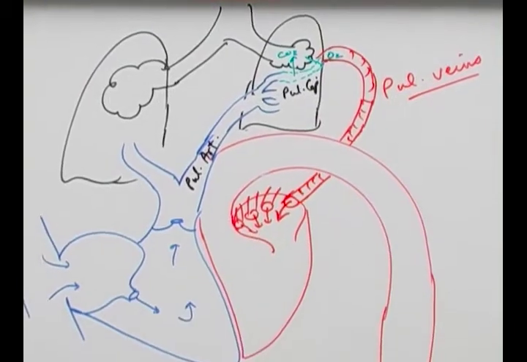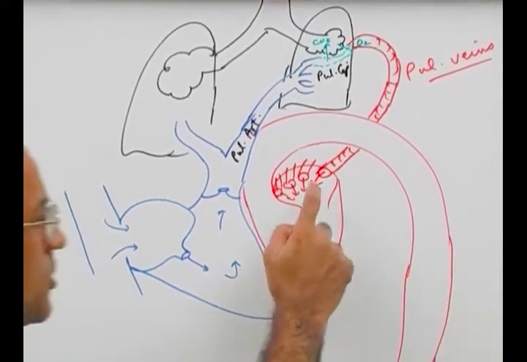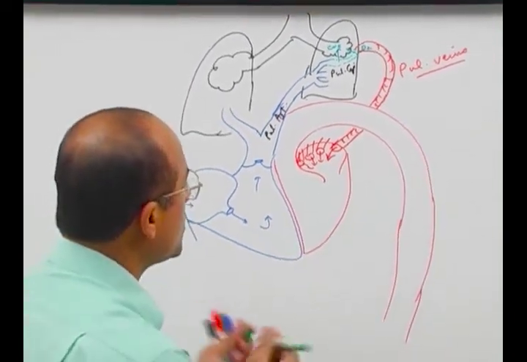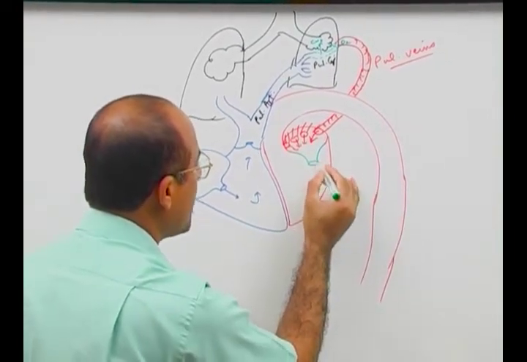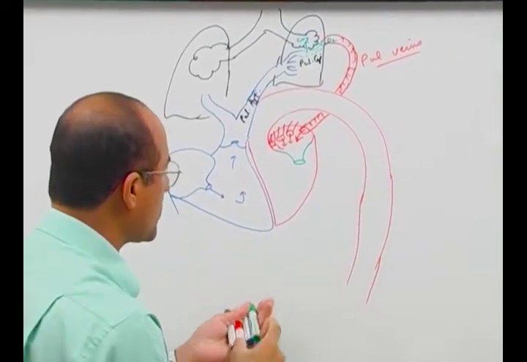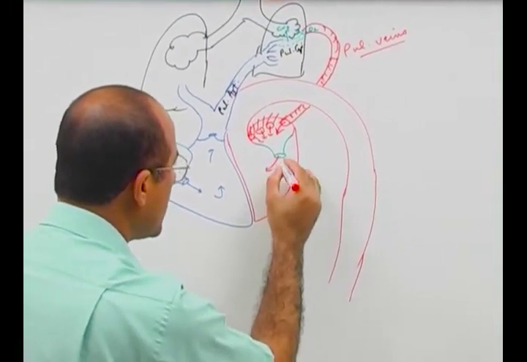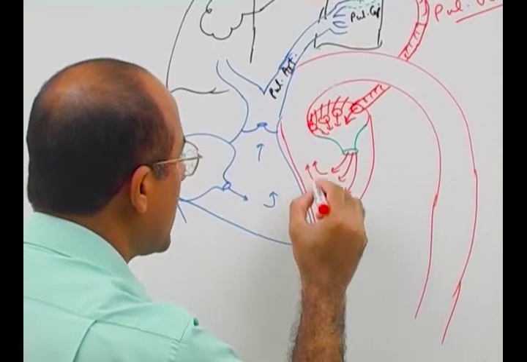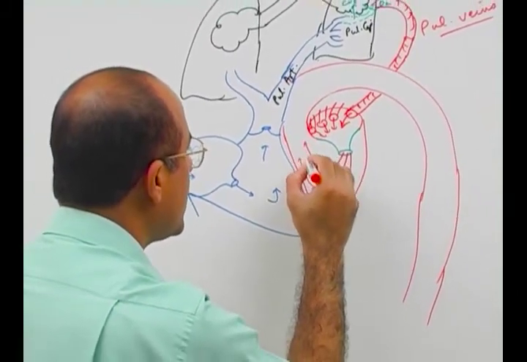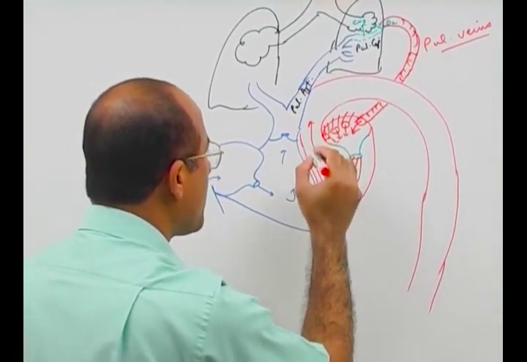Is that right? Now, blood comes to the left atrium. Then you know that from the left atrium it will go through which valve? Yes, the mitral valve, and this oxygenated blood will come to the left ventricle. From the left ventricle, blood will be pumped into the aorta.